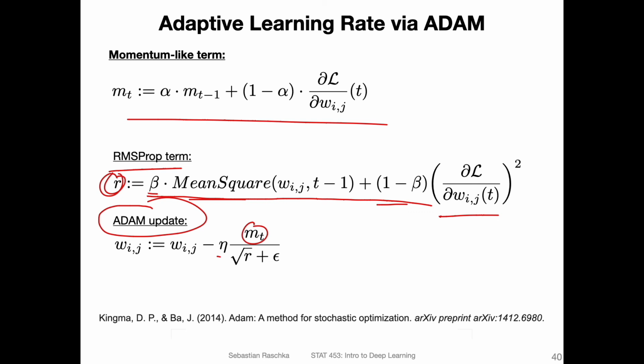It's essentially our velocity. And we scale that momentum term by this RMSprop term, so square root of R plus this epsilon. And this is essentially how Adam works. So we have the momentum term, and here the RMSprop term.